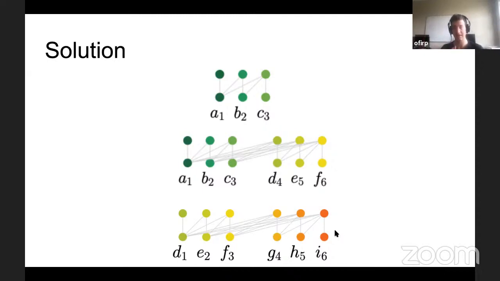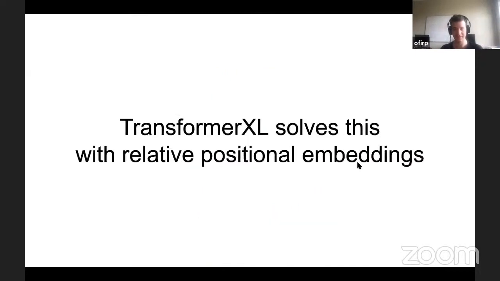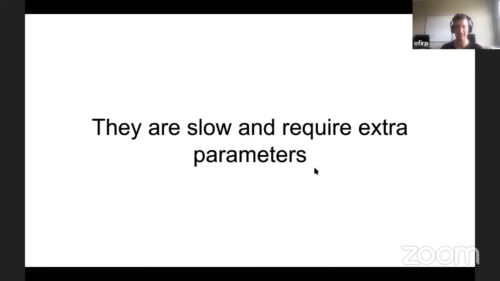And so this is definitely impossible in the normal transformer, but the community has already shown that you can do this with Transformer XL. Transformer XL does exactly this, but they do this with something called relative positional embeddings, which are incredibly slow, and they require extra parameters and memory.